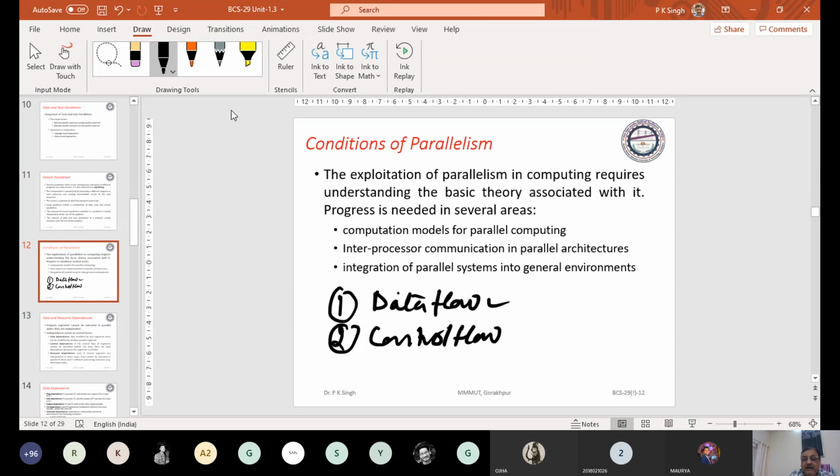Each and every program you have written up to now must have data flow and control flow. If you change the data flow and control flow of your program, you will lose the semantics. You will not get the desired result.